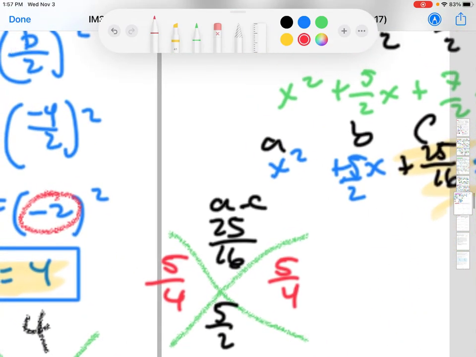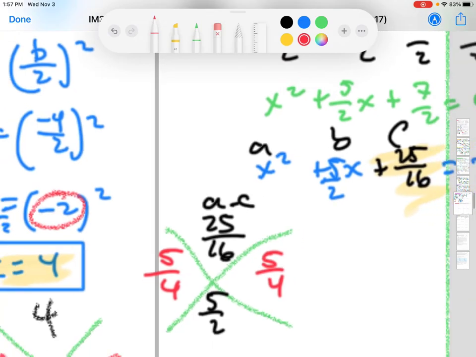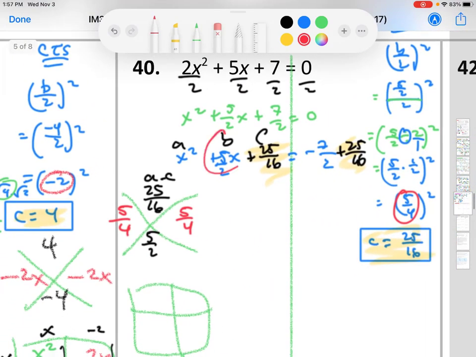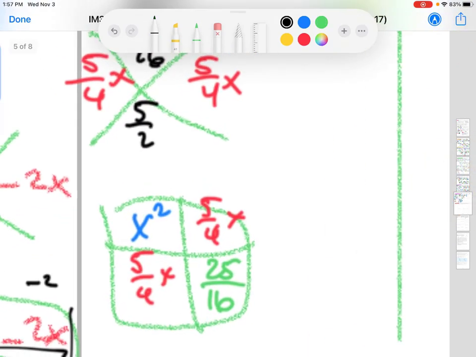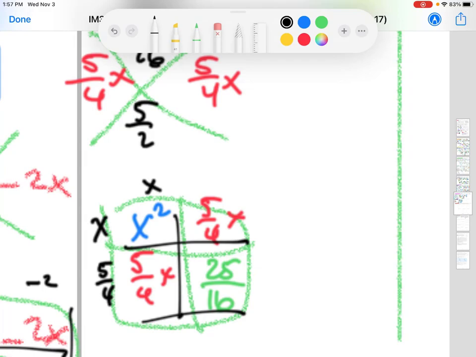And 5/4 plus 5/4 is 10 over 4, which reduces to 5 halves. And then x. Fill out our box. X, 5/4, x, and 5/4.